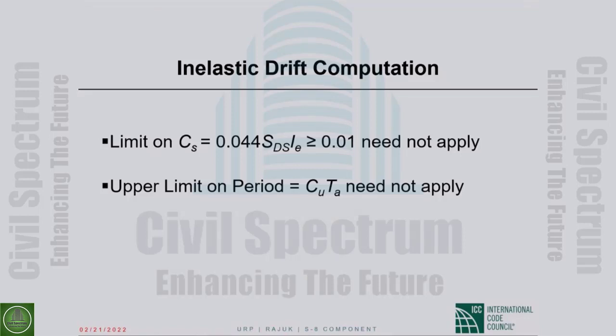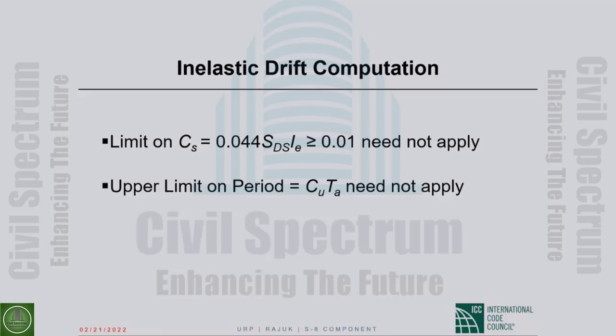When we talked about period computation, we start with approximate period T sub A, which is given by formulas in the code. Then we compute period rationally by any procedure that is in conformance with the principles of mechanics.